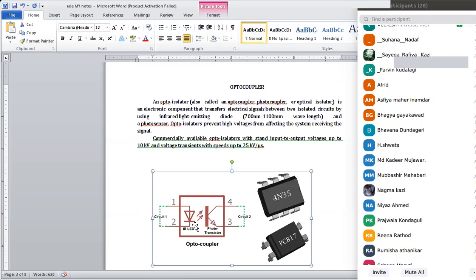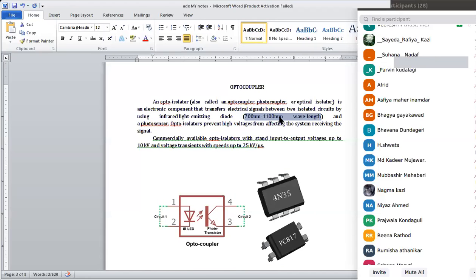So basically, when you go for optical signals, they are measured in wavelength. Light signal is measured in wavelength. So the light signal's unit is wavelength here, and that light signal has the energy of 700 nanometer to 1100 nanometer. So that is very small.